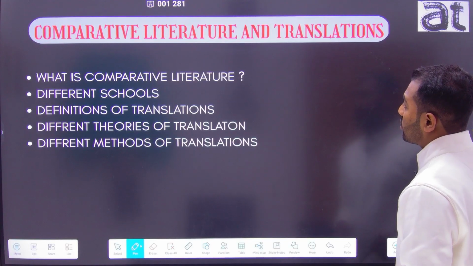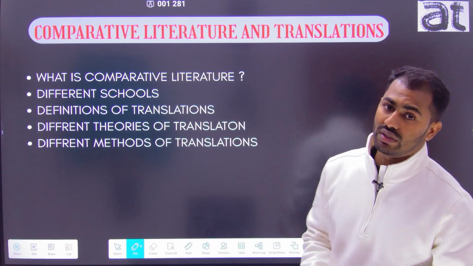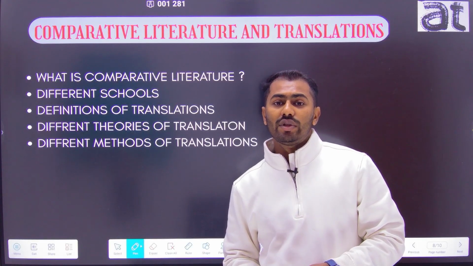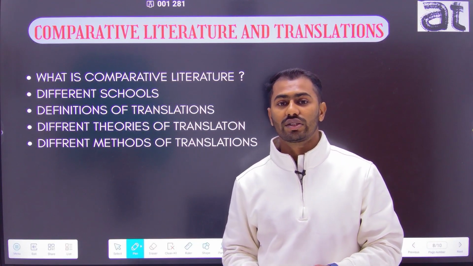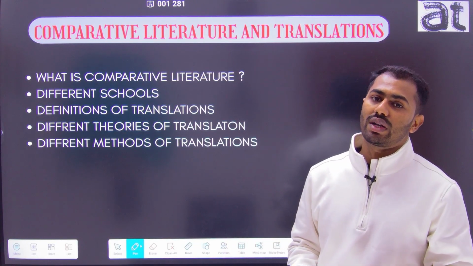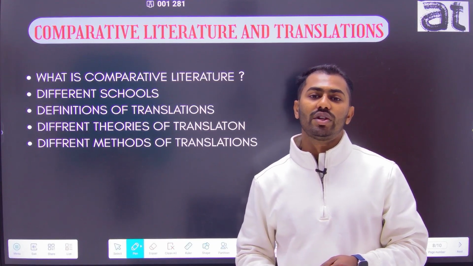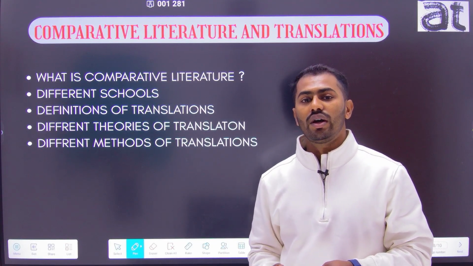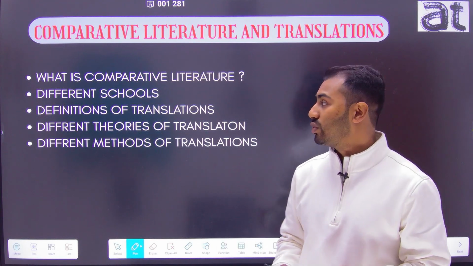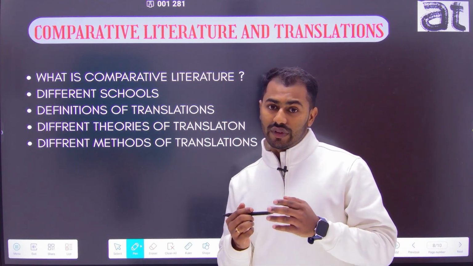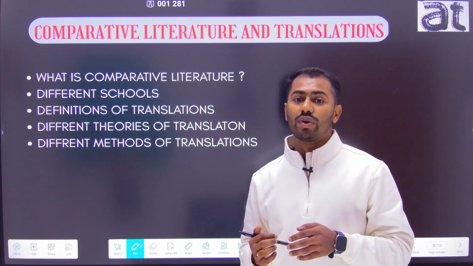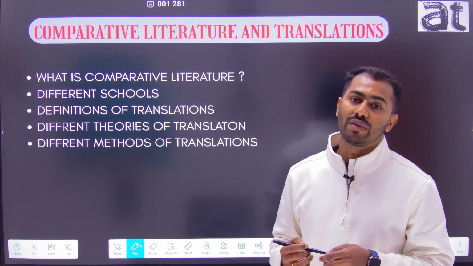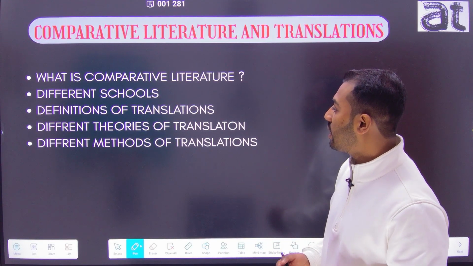And next comes comparative literature and translation studies. In comparative literature and translation studies, we will talk about what is comparative literature, what are the different schools of comparative literature like French school, Russian school, American school, and definitions of translation. Who are the important critics who gave the definitions of translation?